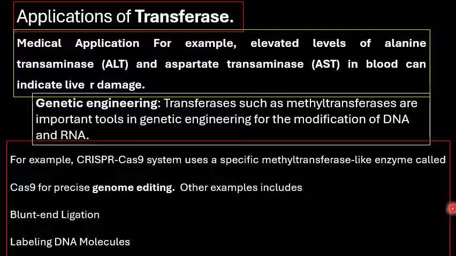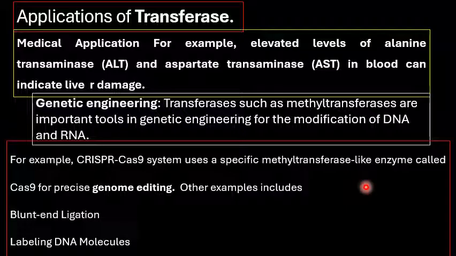So we also have transferase being used in modification of the DNA by adding some specific molecule attached to a specific part of DNA, or some of them can actually act like labels or radioactive isotopes or adapters, which allow scientists to visualize or detect DNA of interest within a complex mixture.